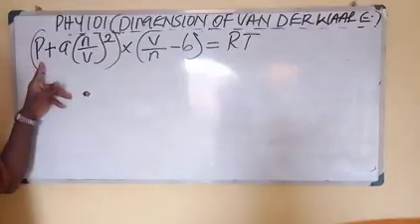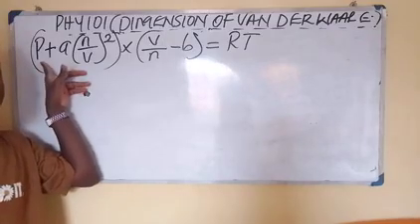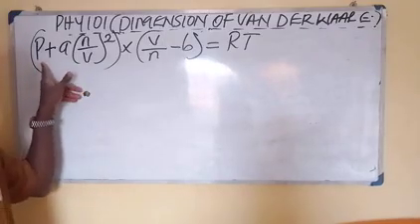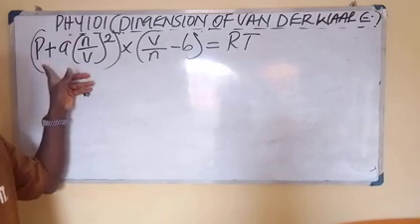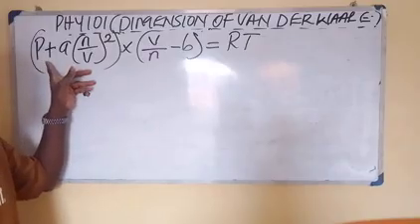Now the P here stands for pressure and is measured in millimeter mercury, or atmosphere, or torr, that is T-O-R-R. Of course, know that pressure is force over area.